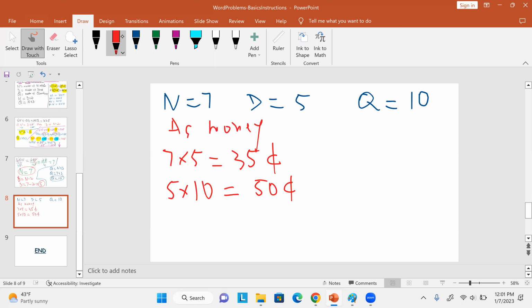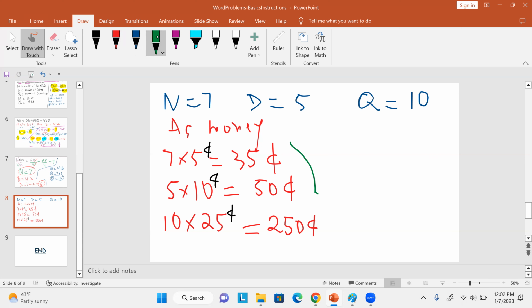As money, 10 multiplied by 25 cents, which is 250 cents. Now, with a calculator, if we add up 35 plus 50 plus 250, you'll get 335 cents.